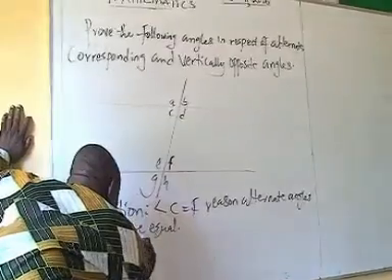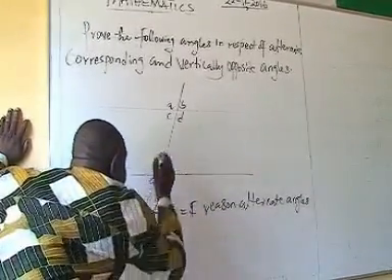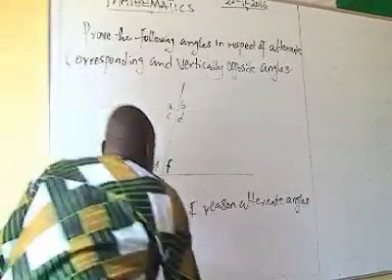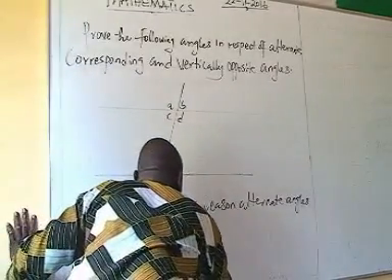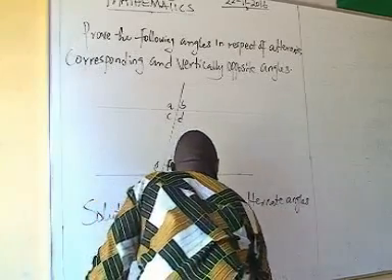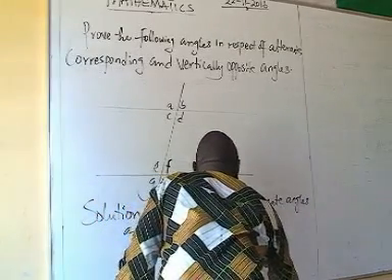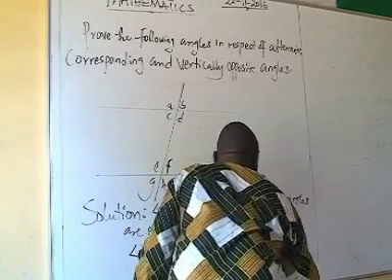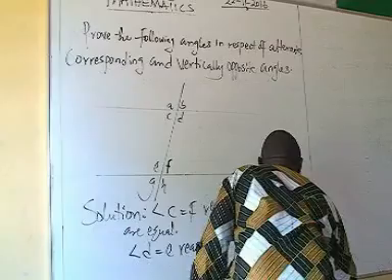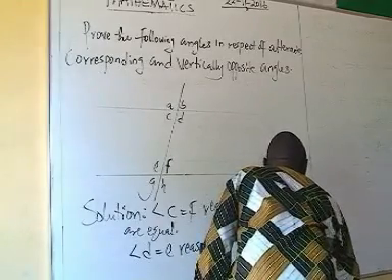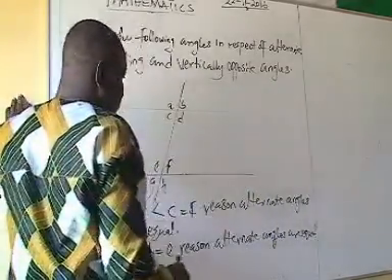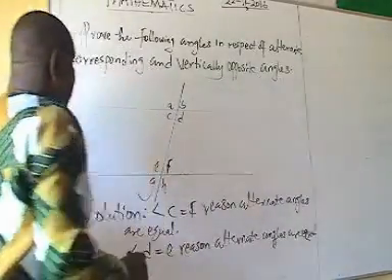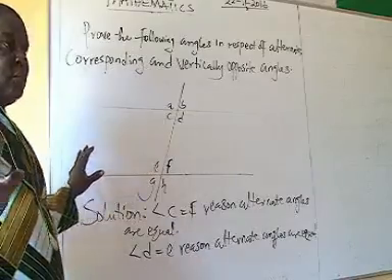D equals to E. Angle D here equals E. Reason: alternate angles are equal. We are through with alternate angles.